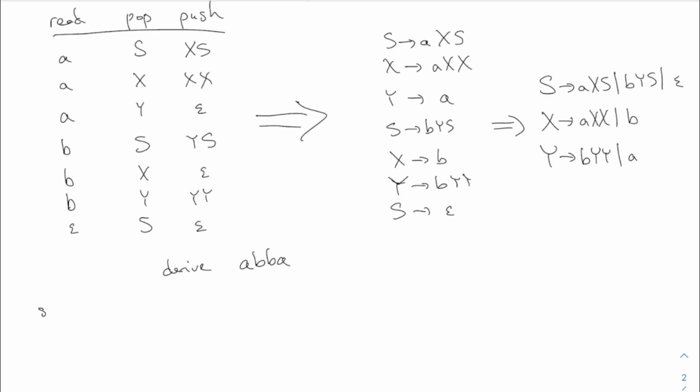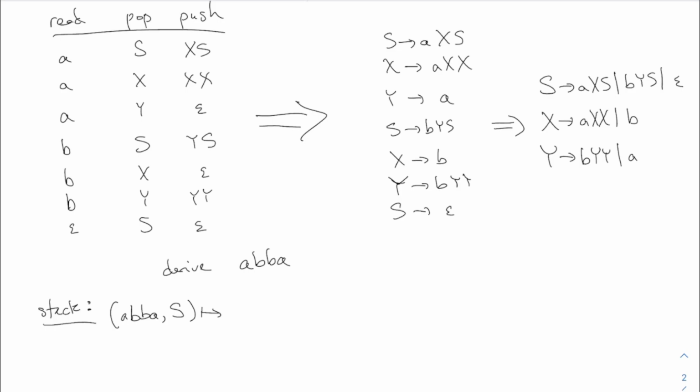So on the stack, I'm going to try my best to write this all on one line. I don't know if it's going to work out, but I'm going to try. So I begin with the whole string, followed by S. And now I read A, and this stack machine is fairly unambiguous. I think you basically have to do the steps in one particular order.